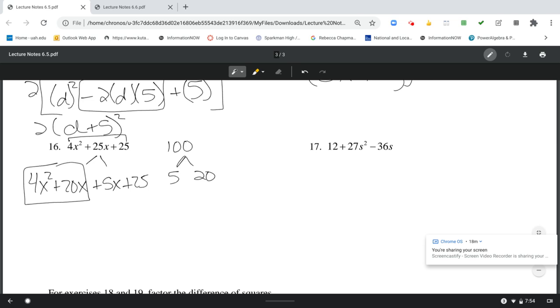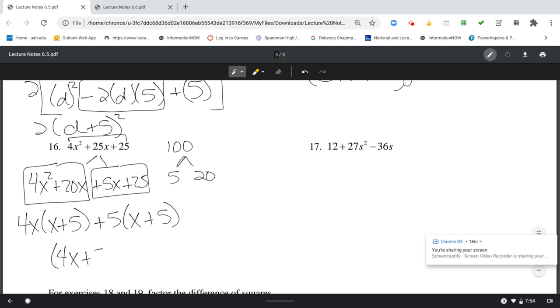These two group together. I pull out the 4x. That leaves me with an x plus 5. When I group the last two terms together, I pull out a positive 5. And that leaves me with an x plus 5. So my factors are 4x plus 5 and x plus 5. Clearly not the same set of binomial factors.